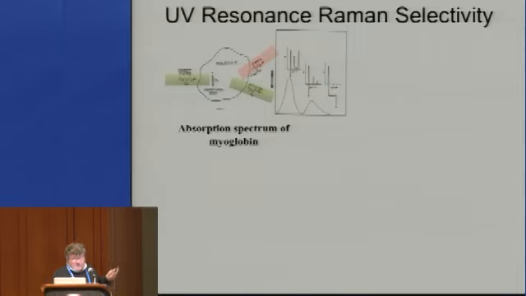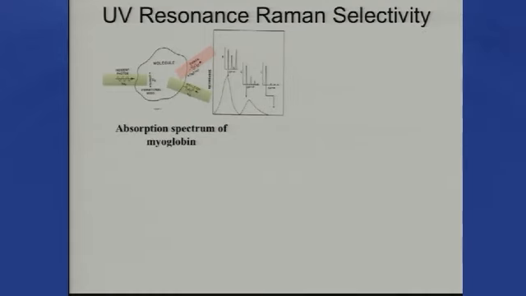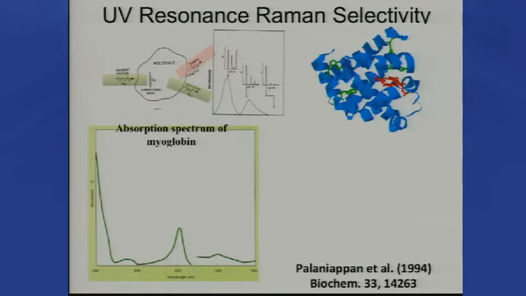You also, because you're exciting in resonance, cause a larger dipole moment. And so you increase the efficiency of the Raman scattering process. And then what you can get is a large enhancement of the Raman scattering. And you get the Raman scattering of particular vibrations that couple to the electronic transition that you're exciting. And so this gives you very high efficiency and selectivity.